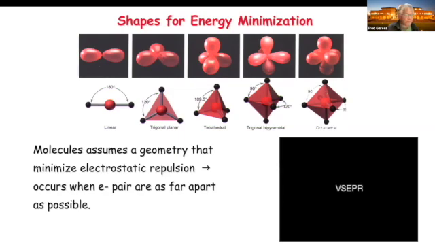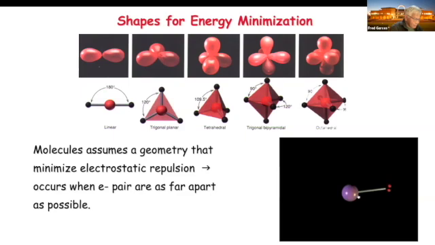So let's take a look at this movie, and then I'll show you how easy it is. The electron pairs that surround a central atom are most likely to be found in confined regions of space called electron domains. The arrangements of the electron domains about a central atom are determined by the electrostatic repulsions between like charges.